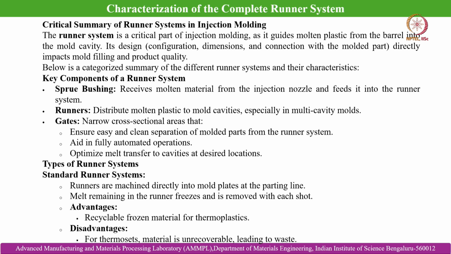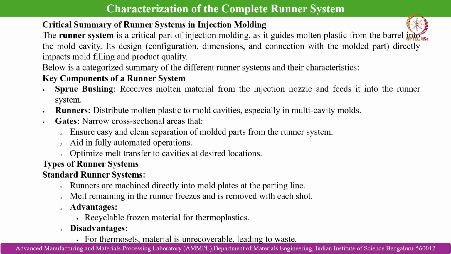So, this is the case of hot runner system, and in case of cold runner system, the runner and gating arrangement also get solidified with the part itself, and they need to be removed, trimmed off from the part to get the desired part geometry.